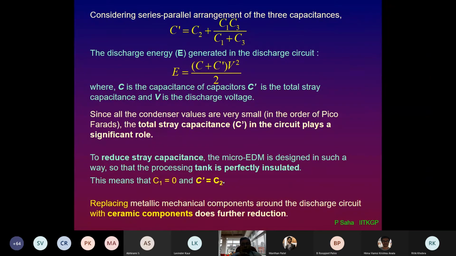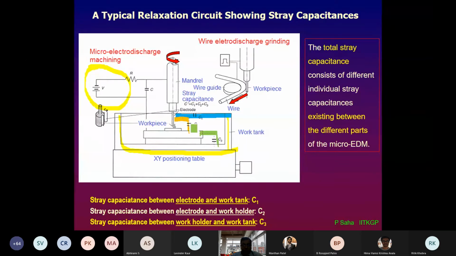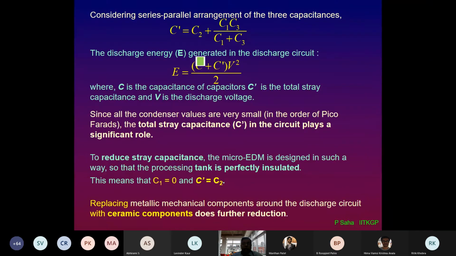If you consider the previous serial-parallel arrangement of these three capacitances, C1, C2 and C3, we can say the equivalent capacitance C dash is: they are in series, and C2 is in parallel with the equivalent of C1 and C3. So the equivalent capacitance is this.